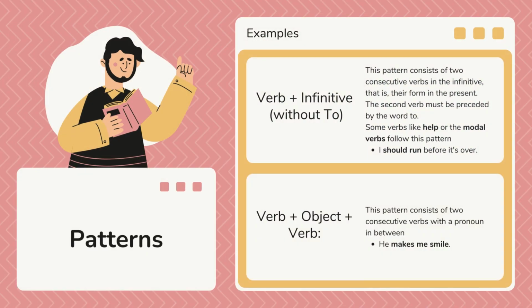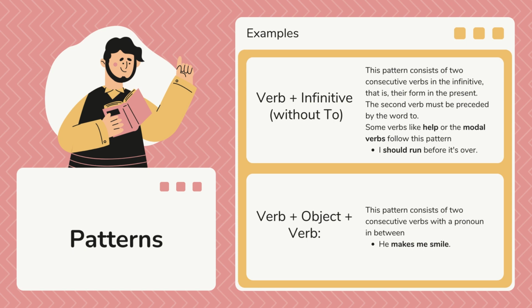We have other patterns. For example, we have verb plus infinitive without to. This pattern consists of two consecutive verbs in the infinitive. The second verb must be preceded by the word to, but it's not always like that. So we have some verbs like help or the modal verbs that follow this pattern. In this case, we're going to see the example with the modal verb should, and we see that there is no to.